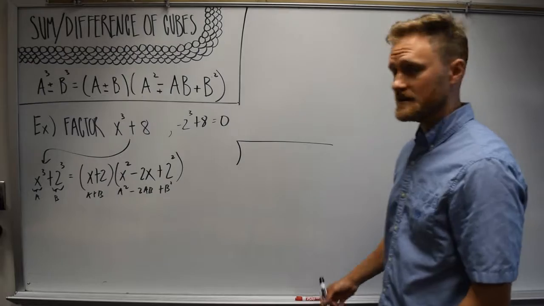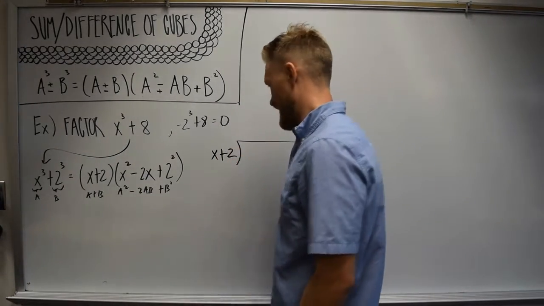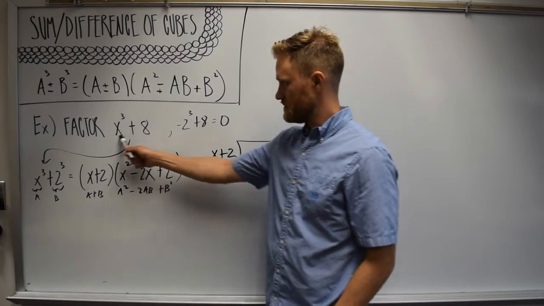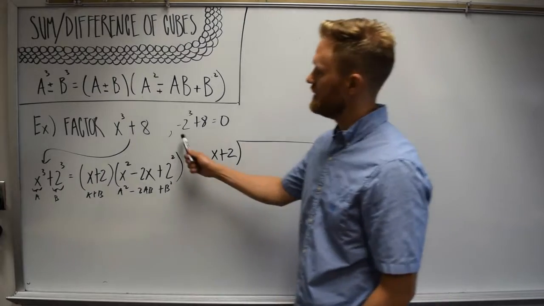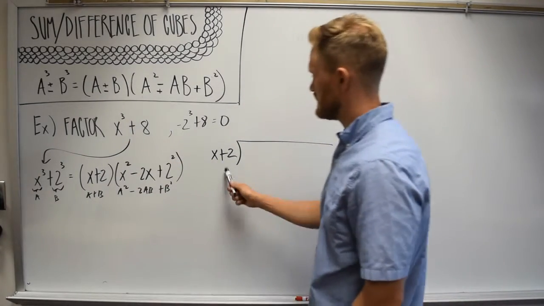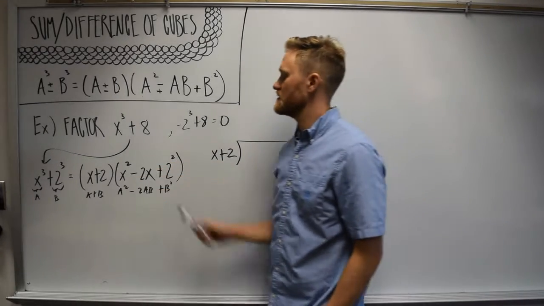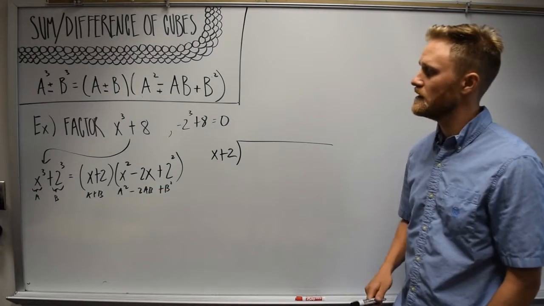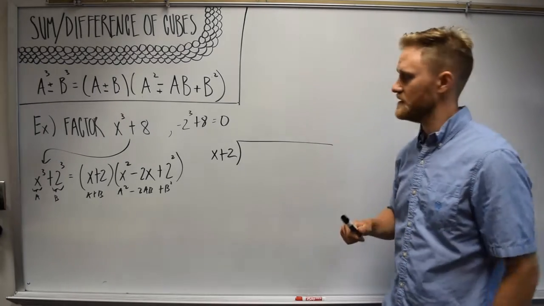That means that x plus 2 has to be a factor of this expression. So we're going to divide this expression by x plus 2, and what we're left with will be this, x squared minus 2x plus 2 squared. So we'll have the factored form of it without ever knowing what this is.